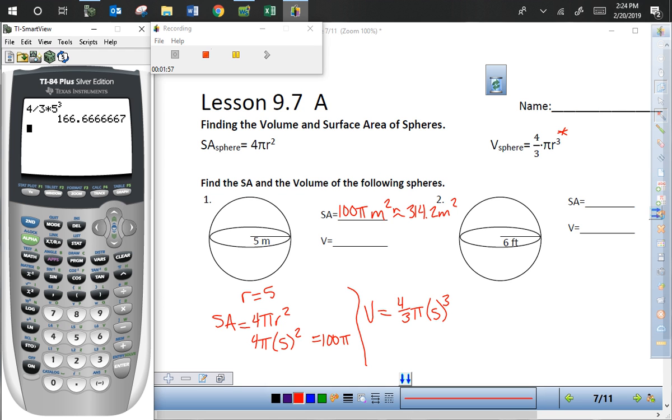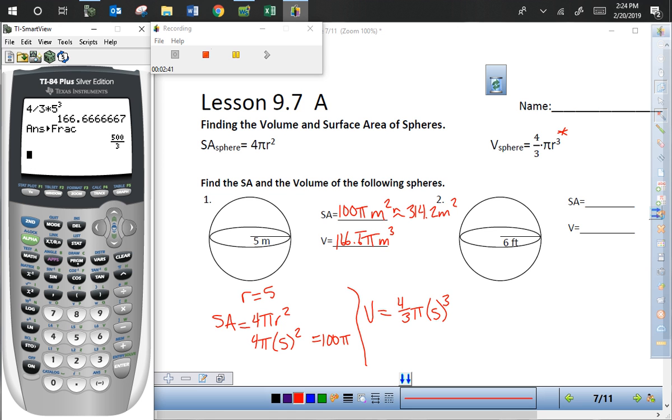Now you'll notice this answer looks a little bit strange because we've got that repeating decimal. You can write it as 166.6 with the bar over it, pi meters cubed, or if you prefer, you can change this to a fraction. On these calculators, it's math and then enter twice.